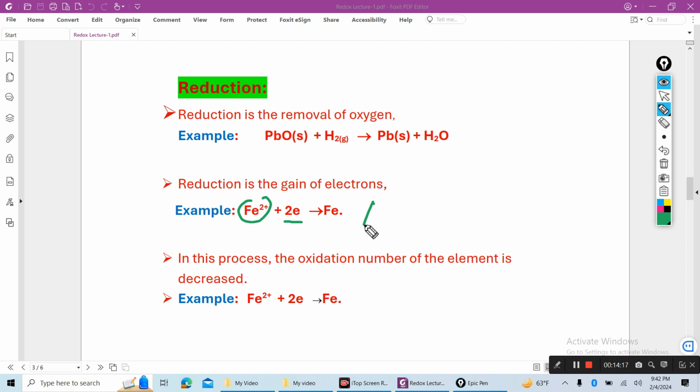Now Al 3 plus gains 3 electrons to form Al. This reaction is also known as a reduction reaction, as the aluminium ion gains 3 electrons. If electrons are gained, reduction. If electrons are lost, oxidation.